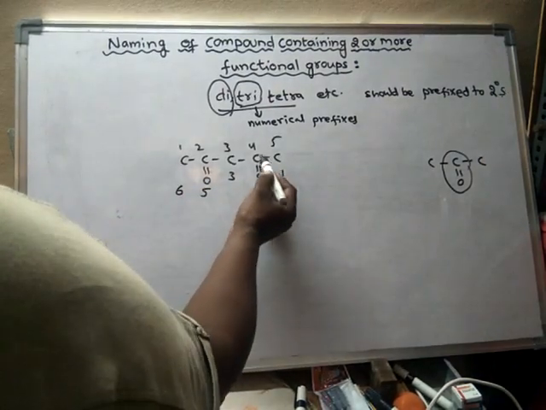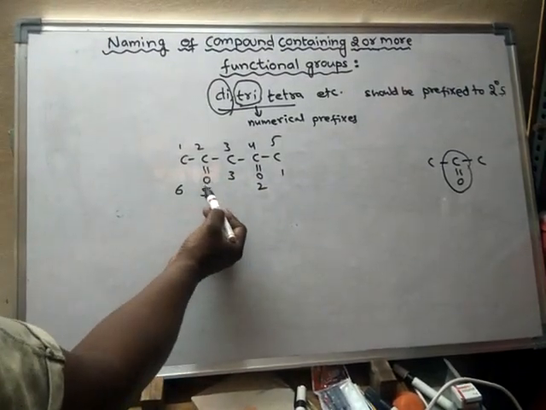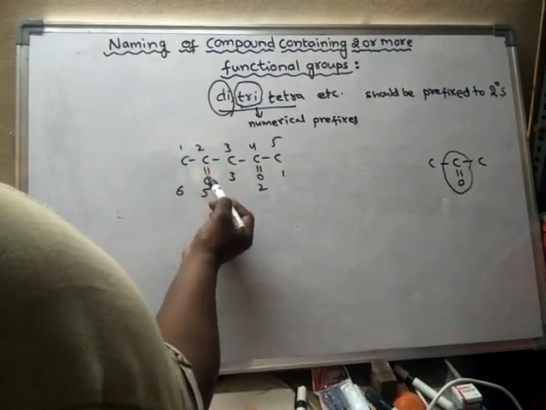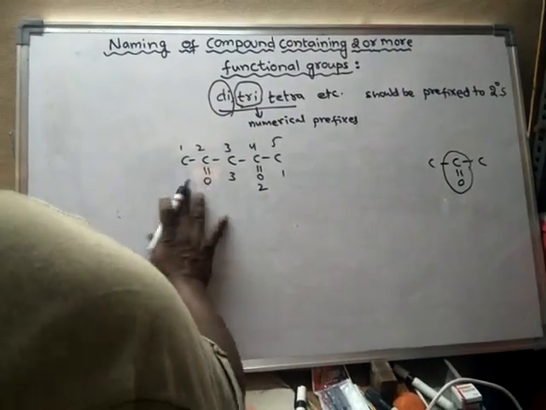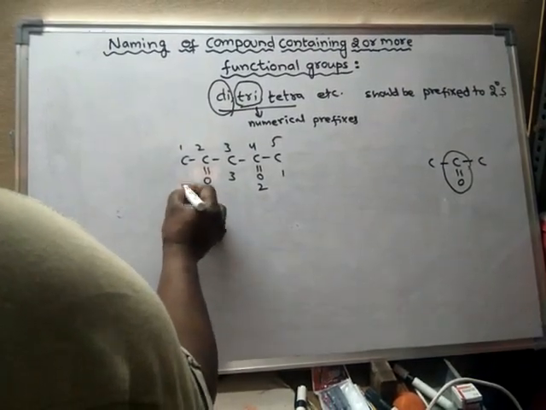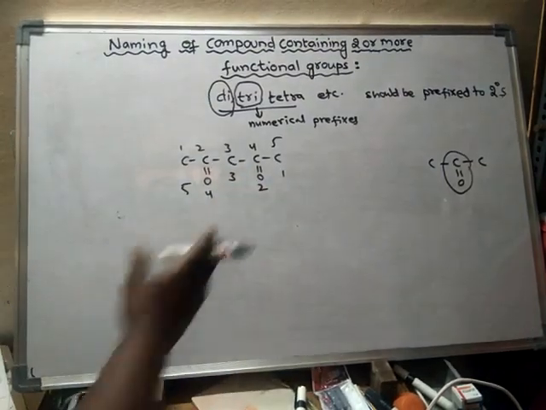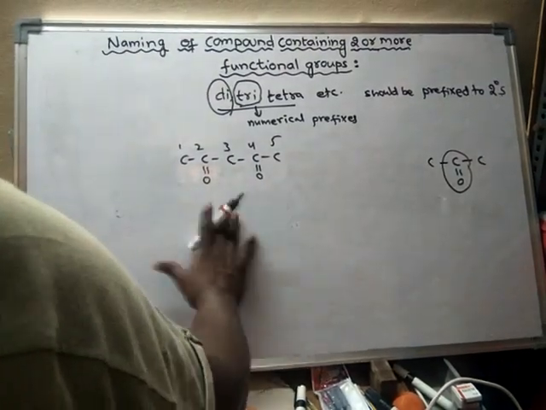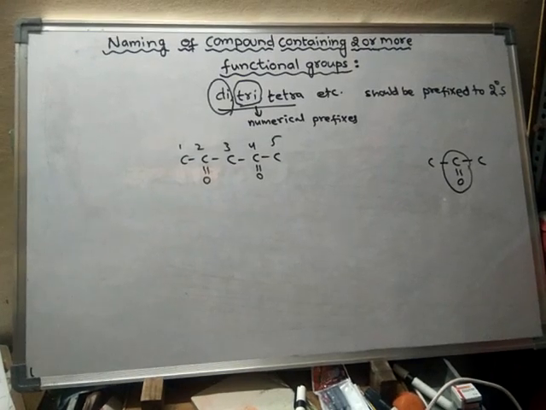From this side this ketone group gets number 2 and the other gets number 4, and in the opposite direction also 2 and 4. So we may give numbering in any direction, because both directions give the same result. Now what is the name of this compound?